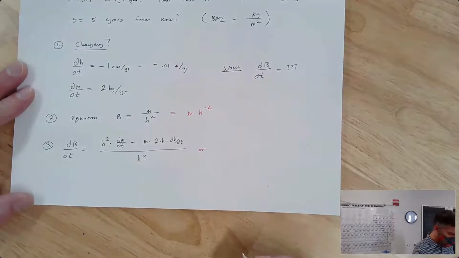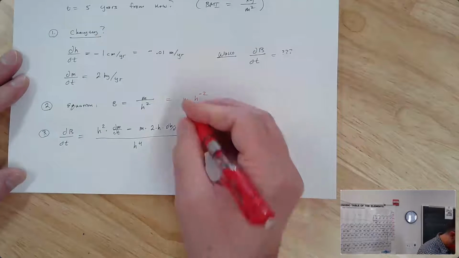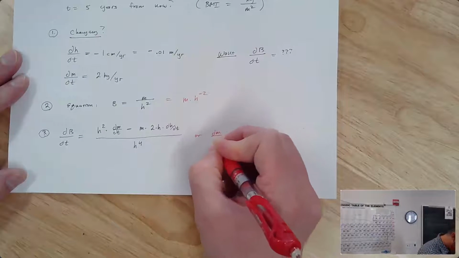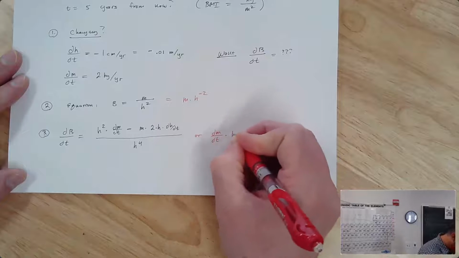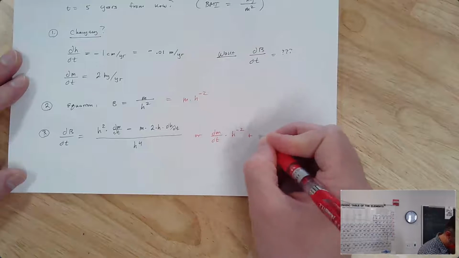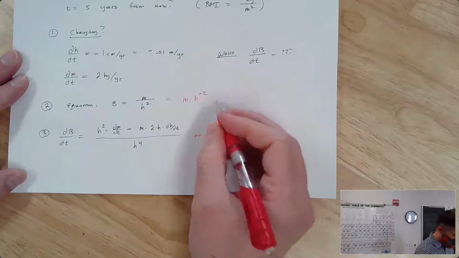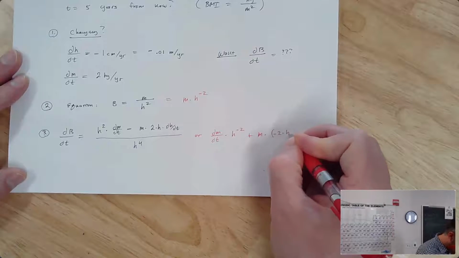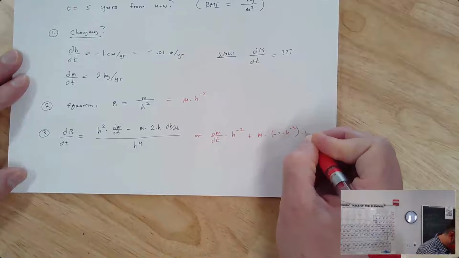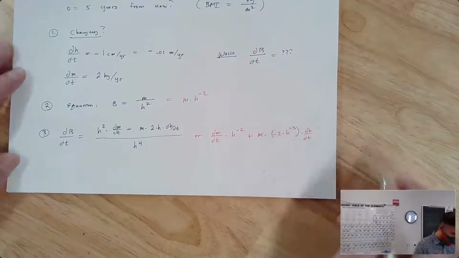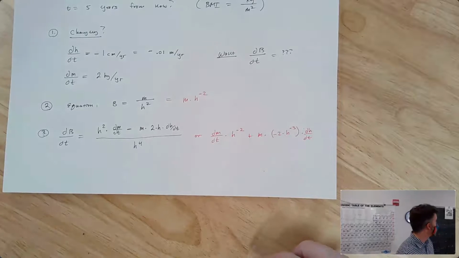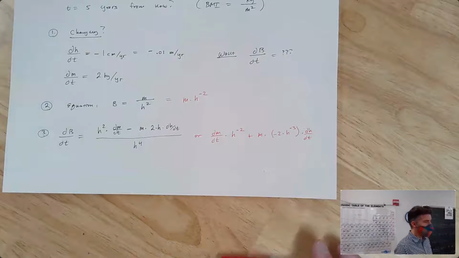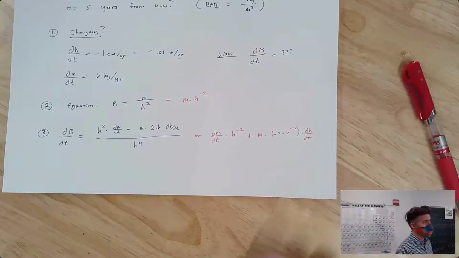Or we could have done the derivative of m times h to the negative second plus m times the derivative of h to the negative second, which is going to be -2 times h to the negative third times dh/dt. But either way, we have to know how tall I am and how much I weigh at the moment of interest.